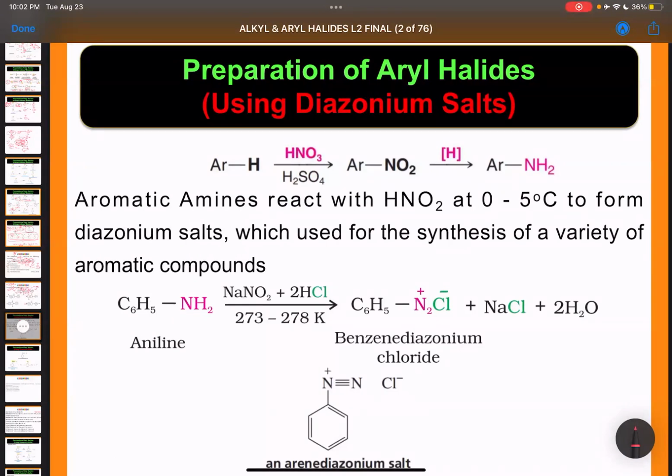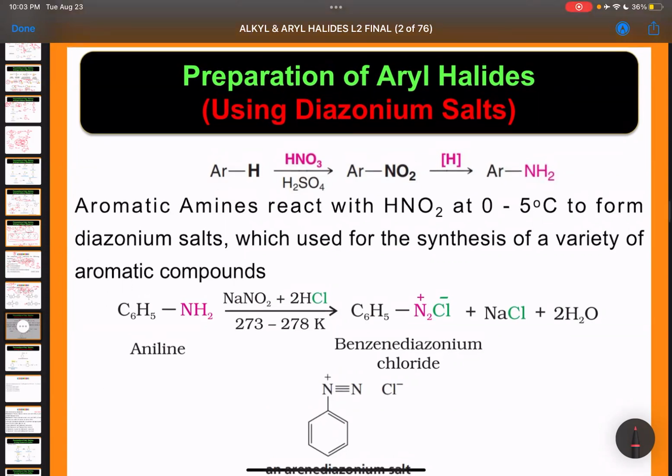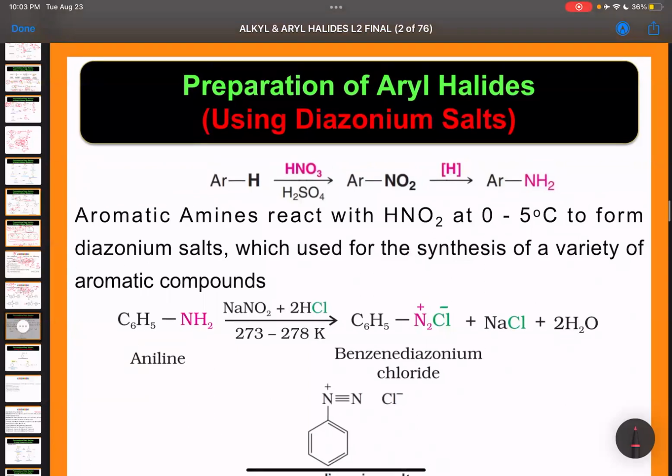Is it clear? If we take bromine with light, it won't get attached? No, it will get attached.